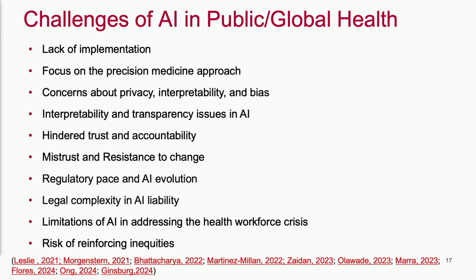Also, there are limitations of AI in addressing the health workforce crisis. Of course, AI can help plan the workforce, but at the same time, a great amount of the budgets are going to AI development, which is very great, but not to the workforce, and this has to be considered.